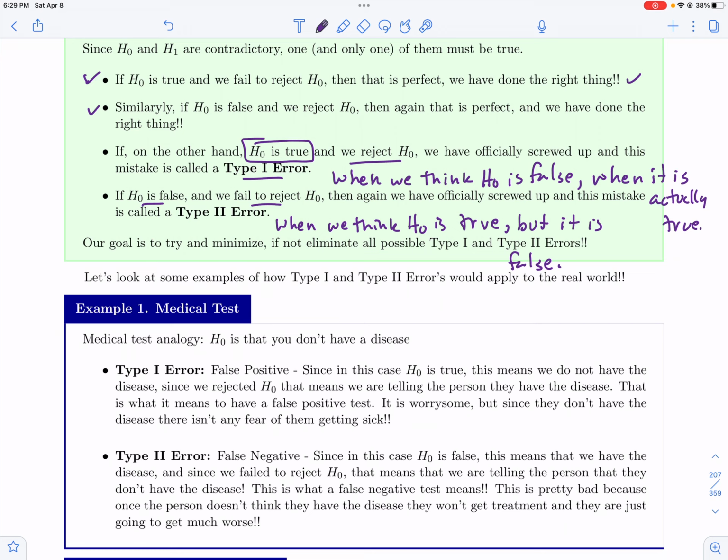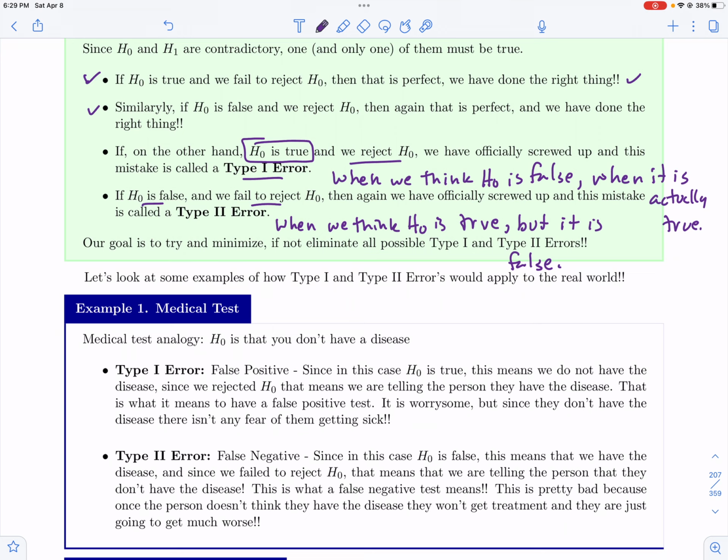The first situation is going to be considered a type 1 error, which is what's called a false positive. In this case, if H naught is true, this means that we don't have the disease, whatever it happens to be. Since we rejected H naught, that means that we're telling the person that they have the disease, and this means that they're going to get a false positive.